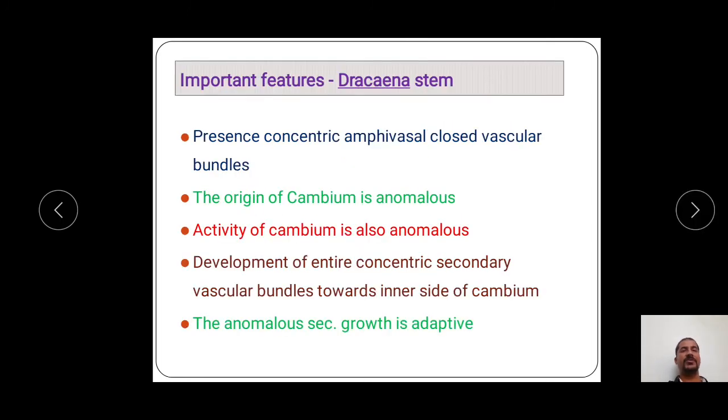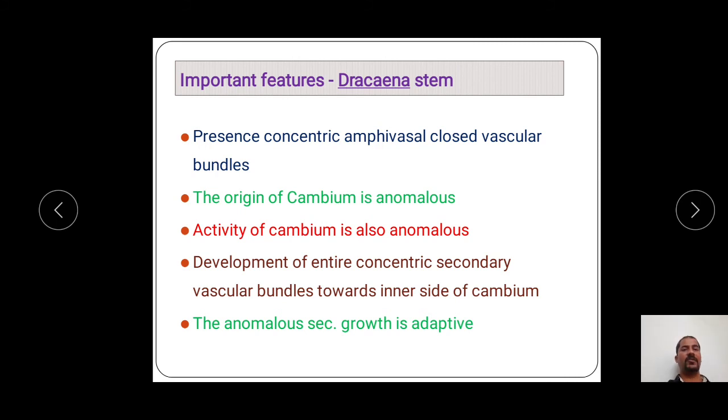We can enlist the important features of the Dracaena stem. The first important feature is the presence of concentric amphivasal closed vascular bundles in the ground tissue. The origin of cambium is anomalous because it develops from the parenchyma cells present towards the periphery of the ground tissue.